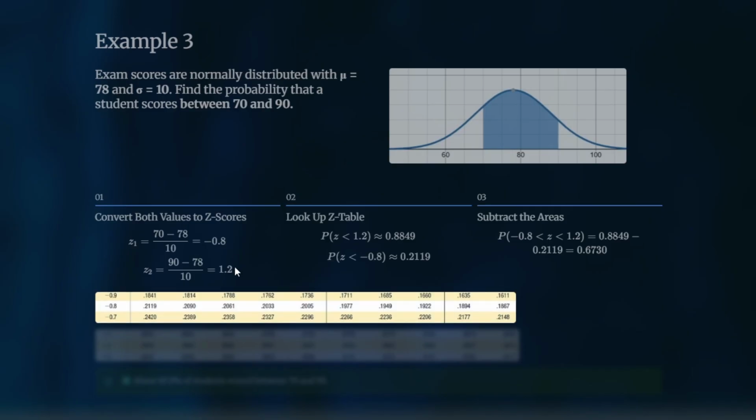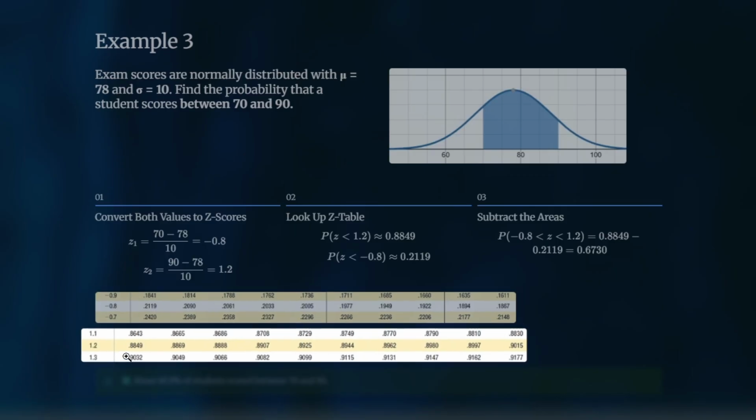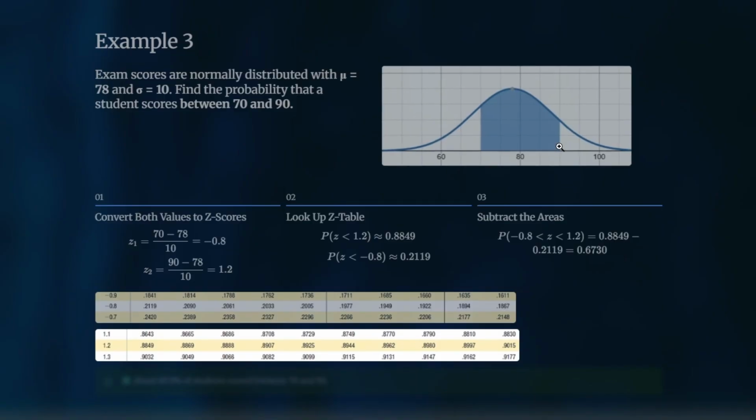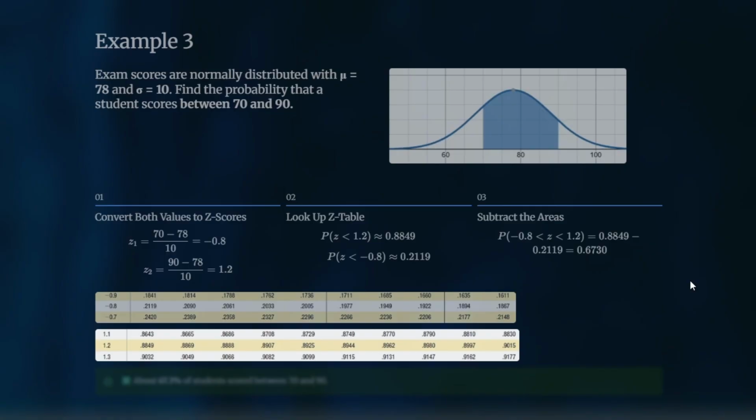If we look at our table, the area to the left of negative 0.8 will be 0.2119, and the area to the left of 1.2 will be 0.8849. So in this case, we'll need to subtract the areas. We'll do 0.8849 minus 0.2119, which will give us 0.6730. So in other words, the probability that a randomly selected student scores between 70 and 90 will be 0.6730, or about 67.3% of students scored between 70 and 90.